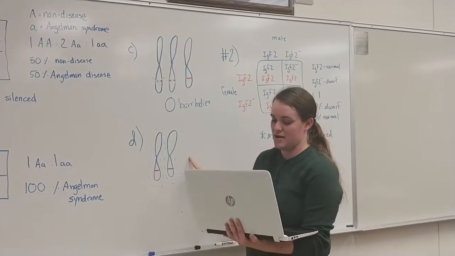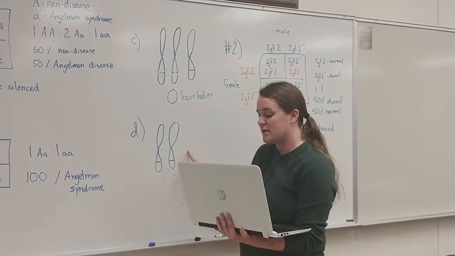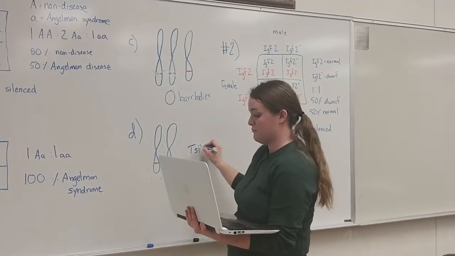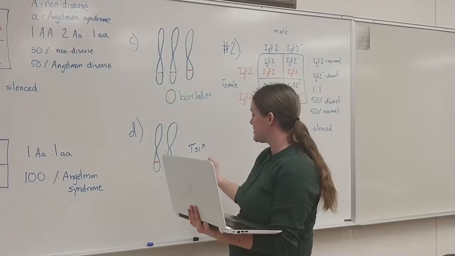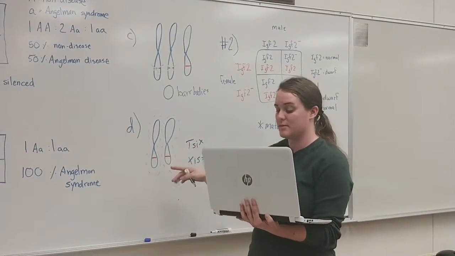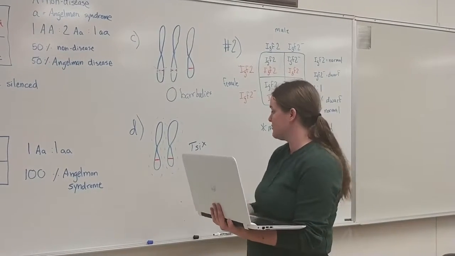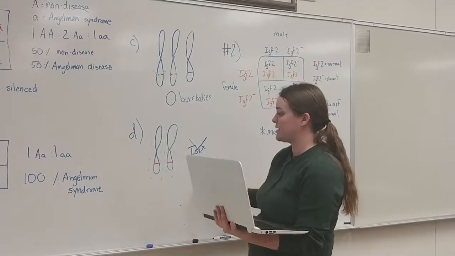For D, the situation is with the Tsix and our Xist, like the coatings that go around the chromosomes. Except our Tsix is not working, but our Xist is.